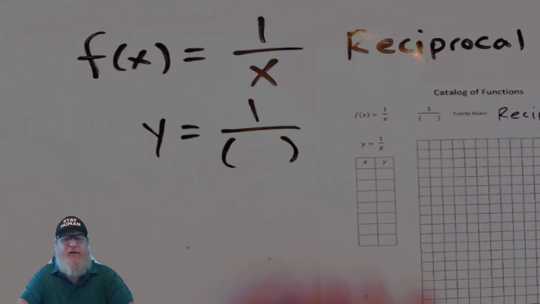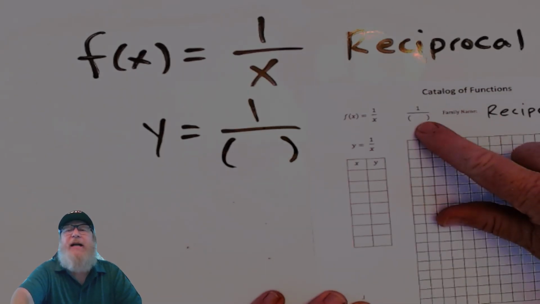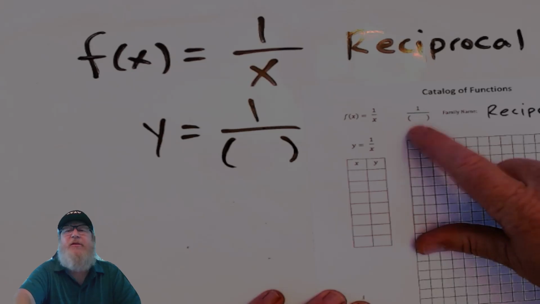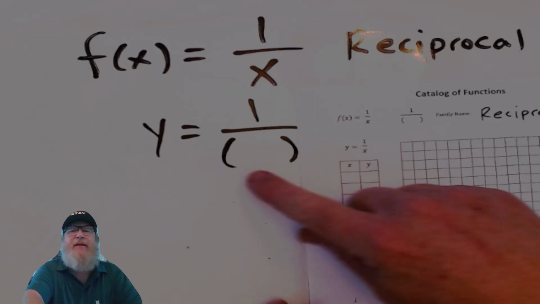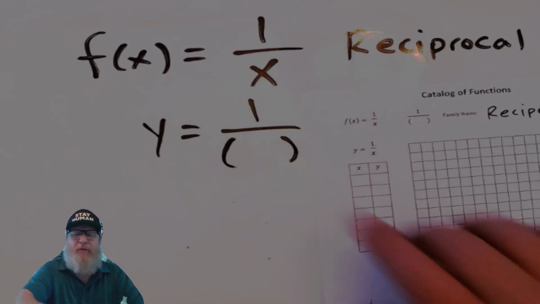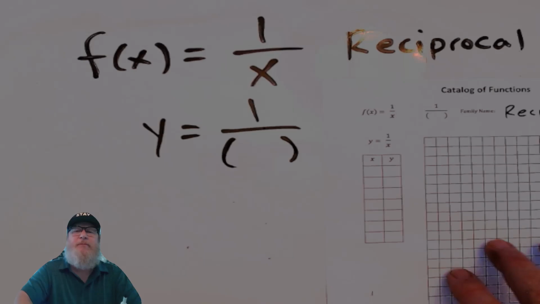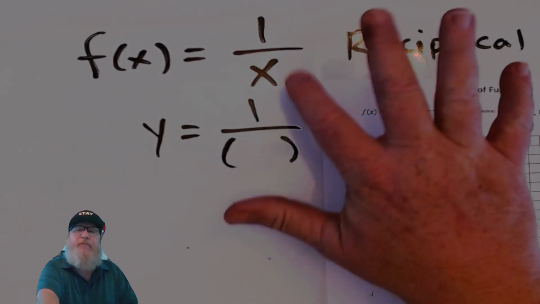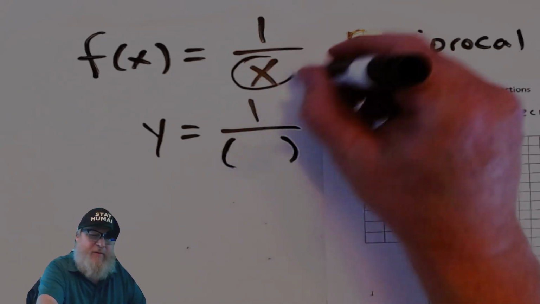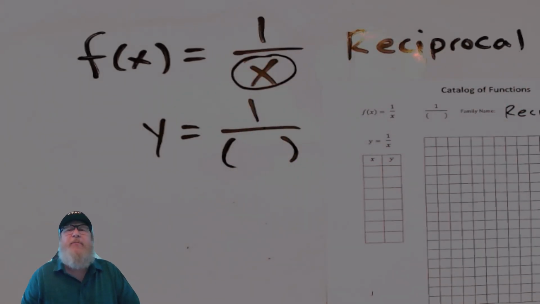So that's your identifying family feature. Any function in this family will have that 1 over a blank set of parentheses. And you may not always see the parentheses, but if you don't see them, they're occupied here in the denominator with the blank set of parentheses.